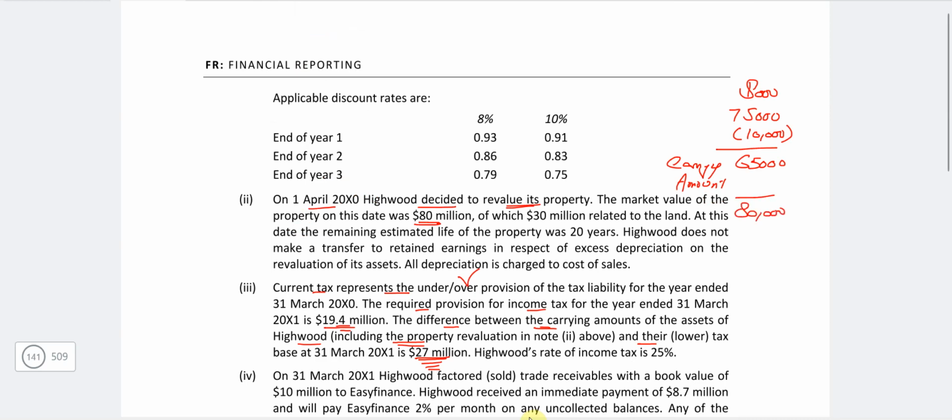Now the gain on the revaluation is 15,000. At this date, the remaining life is 20 years. Highwood does not make a transfer to retained earnings, and this is what we have regarding the revaluation of the property. Now we can do the tax working.